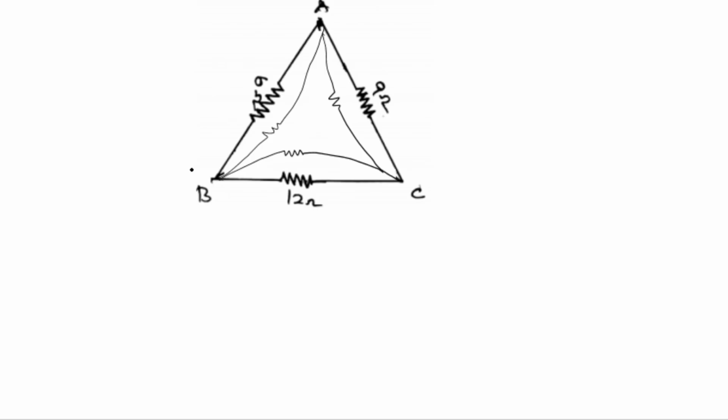Here R12 is equal to 6 ohms, R23 is 18 ohms, and R31 is 12 ohms.